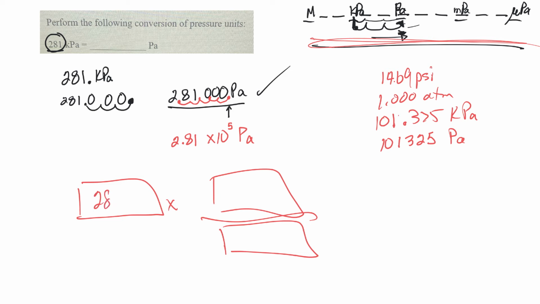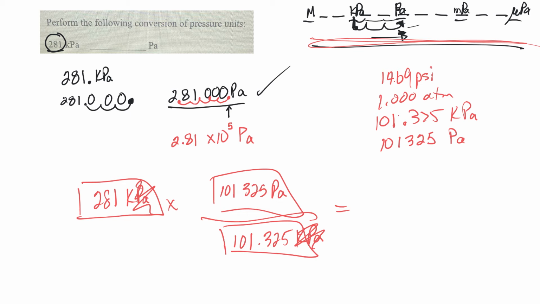So if you have 281 kilopascals, and down here you'd put 101.325 kilopascals is the same as 101,325 pascals. So the kilopascals cancel, my answer's in pascals.